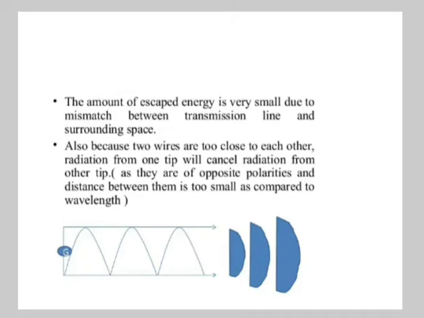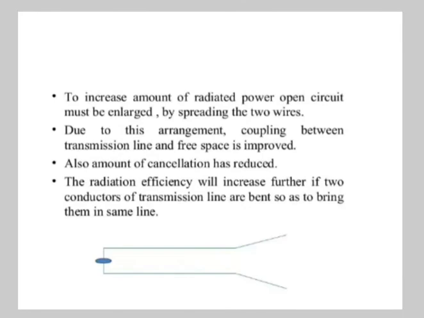Also, because the two wires are too close to each other, radiation from one tip will cancel radiation from the other tip, as they are opposite polarities and the distance between them is too small as compared to the wavelength.